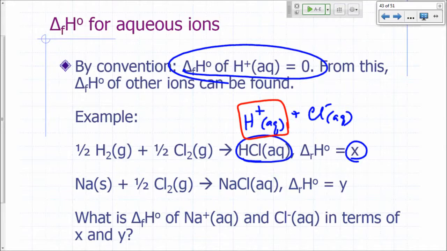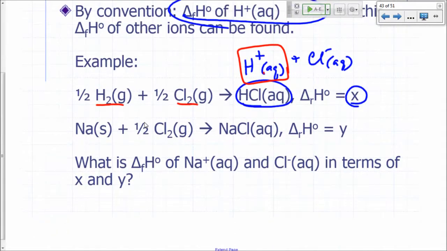So in this case, if delta H formation of H plus is 0, what's the delta H formation of chloride? Here you're forming H plus and chloride from the elements in their standard states. So what does this mean? Delta H formation of chloride, in this case, would just be equal to whatever that X is.